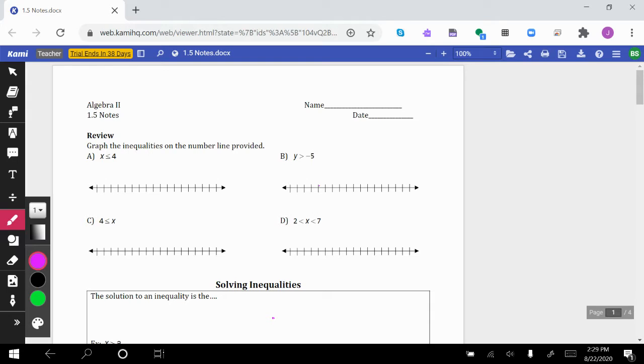Our first one reads x is less than or equal to 4. All we have to graph is a 0, just as a reference point, and our number 4. So that's 1, 2, 3, 4.